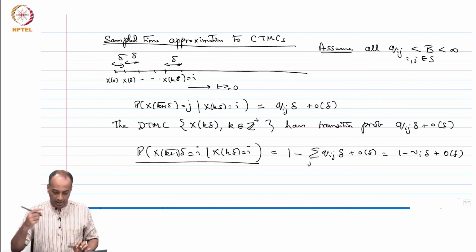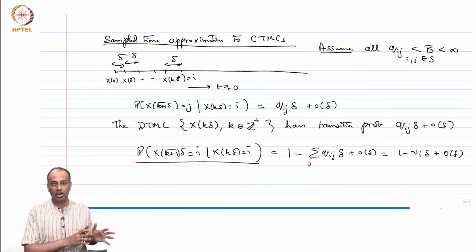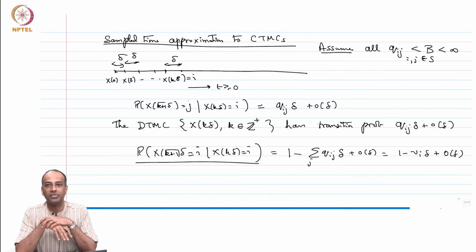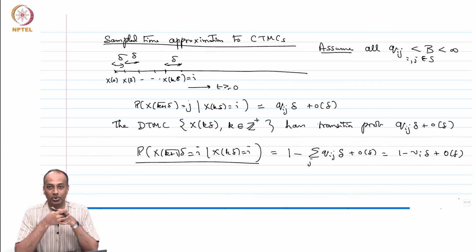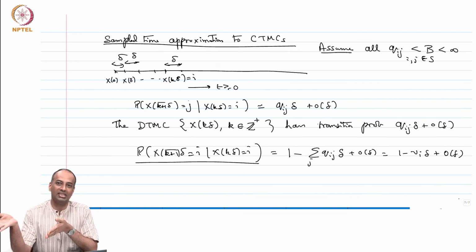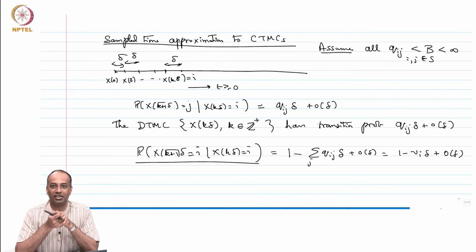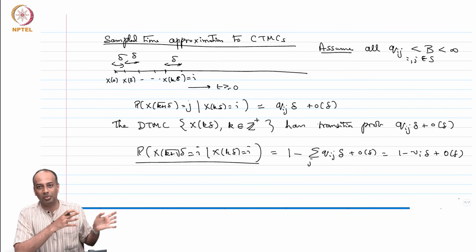Now, we know that for the embedded Markov chain you can find some pi i's, right. Now, for the time sampled approximation, which is a different DTMC with transition probabilities Qij delta, you can also find its steady state probabilities. The question is, are they the same? For the embedded Markov chain, you have the transition probabilities from which you can find some pi i's, which we already did.